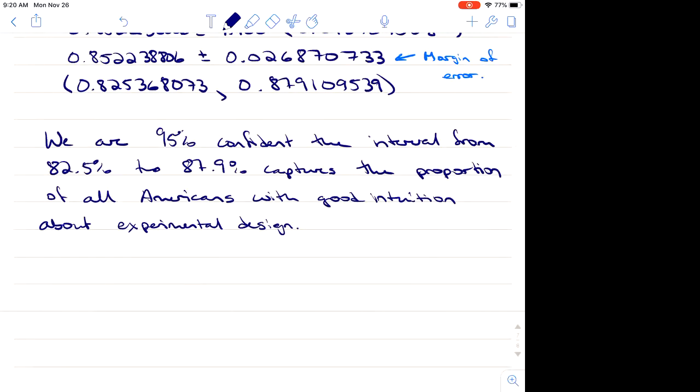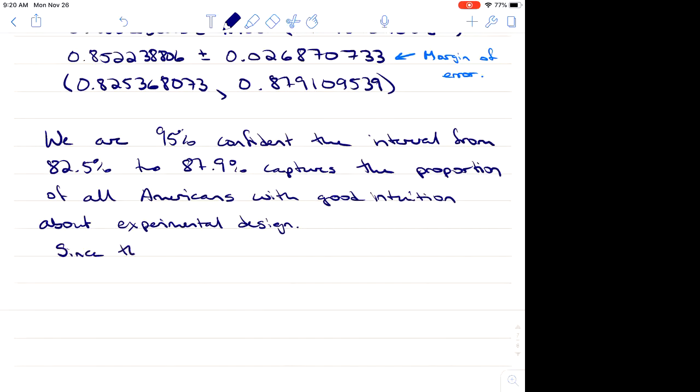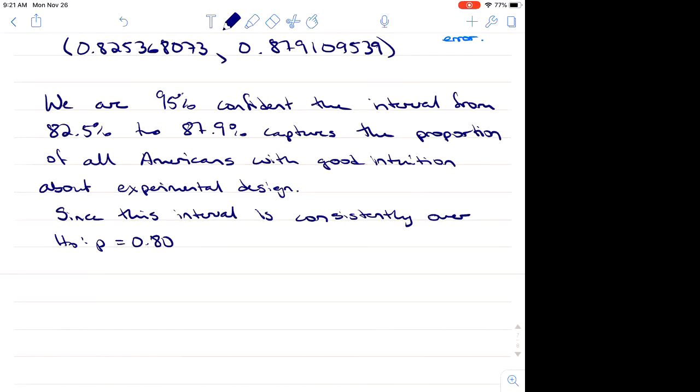Since this interval is consistently over 80%, we have enough evidence to reject the null hypothesis. Since this interval is consistently over the null hypothesized p of 0.80, we have enough evidence to reject H naught. Then say what that is for the question.